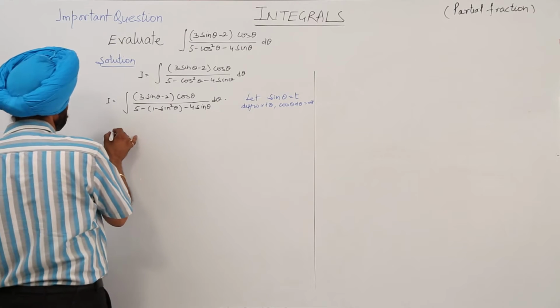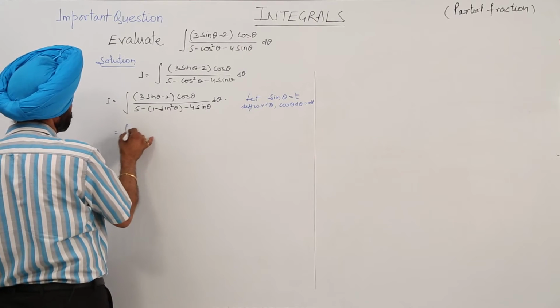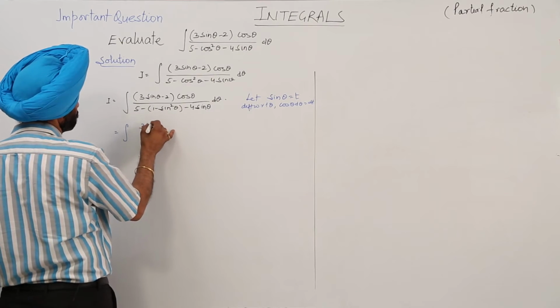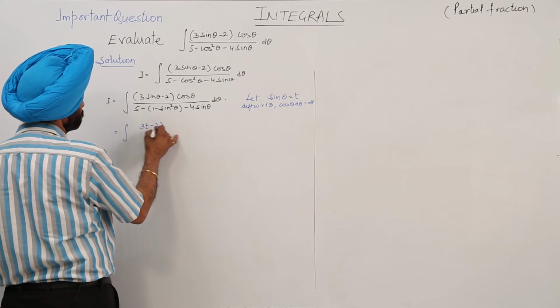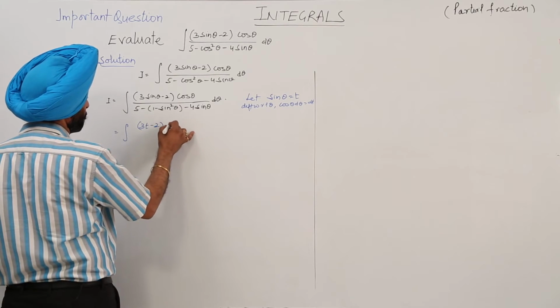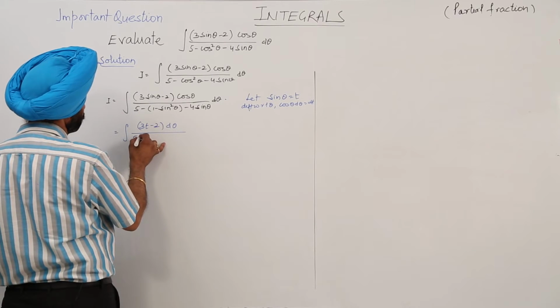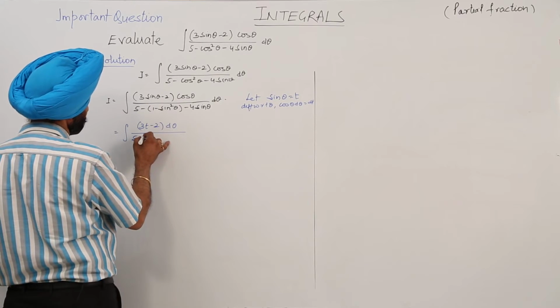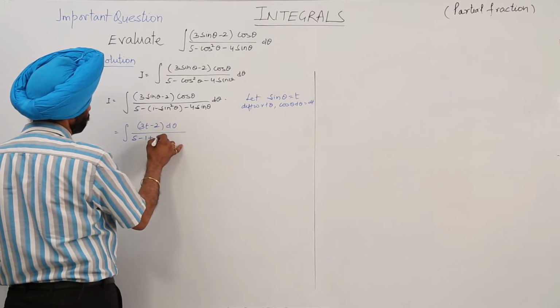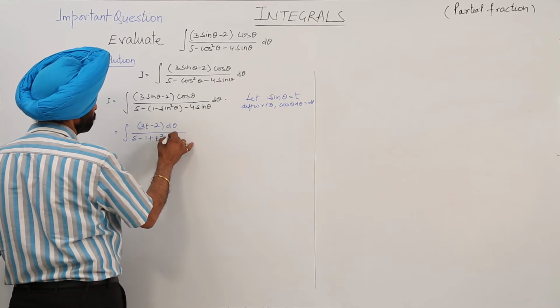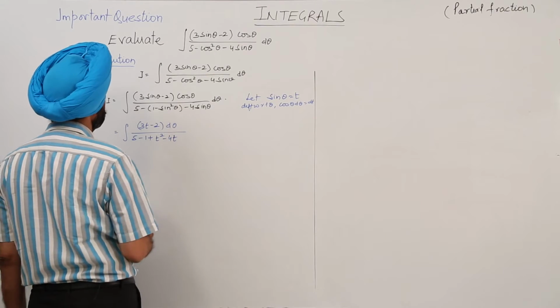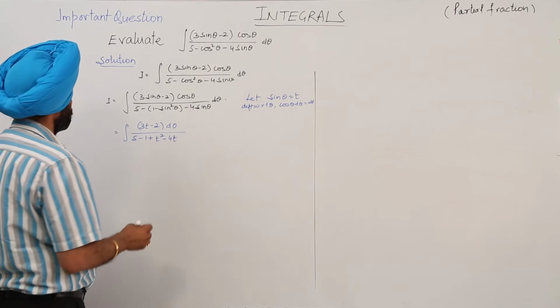Now our question becomes the integration of 3t minus 2 d theta upon 5 minus 1 plus t square minus 4t.